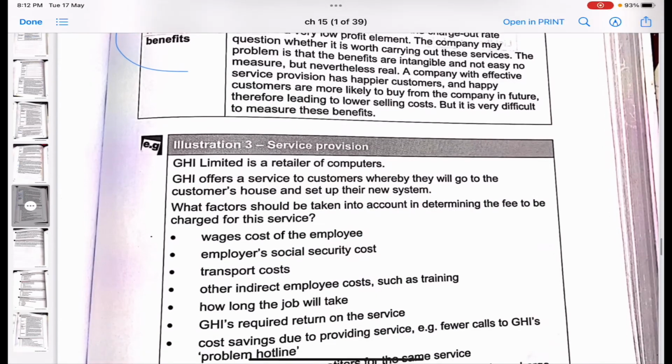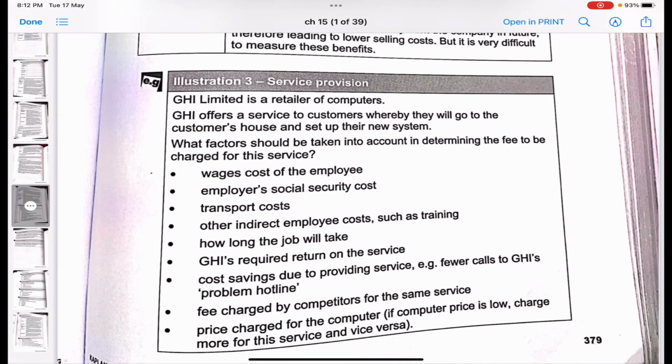Moving on, illustration. GHI Limited is a retailer of computers. GHI offers a service to customers whereby they will go to the customer's house and set up their new system. So, what are the factors that should be taken into account in determining the fee charged for this service?